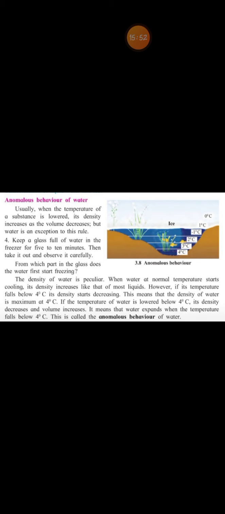If the temperature of the water is lowered below 4 degrees Celsius, its density decreases and its volume increases. And it means that water expands when the temperature decreases below 4 degrees Celsius. This is what is called anomalous behavior of water.